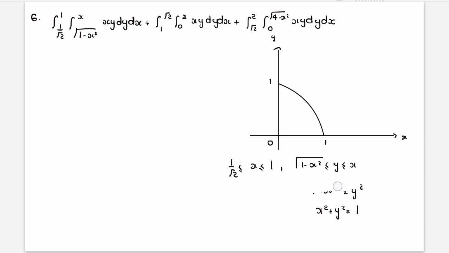So we can know the first part, and then y equal to h is the line. It said y has to be between this and this.